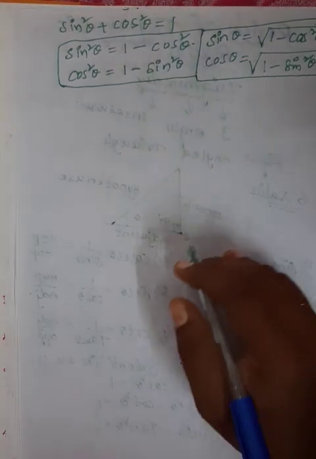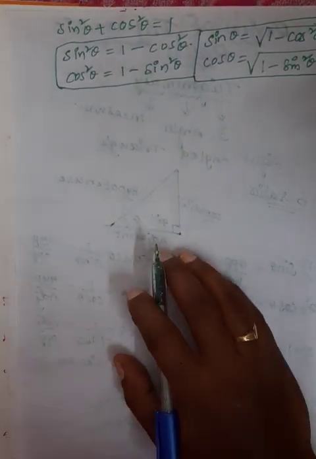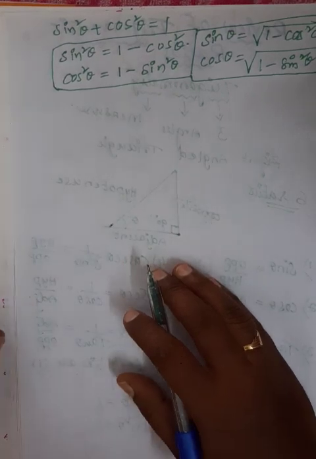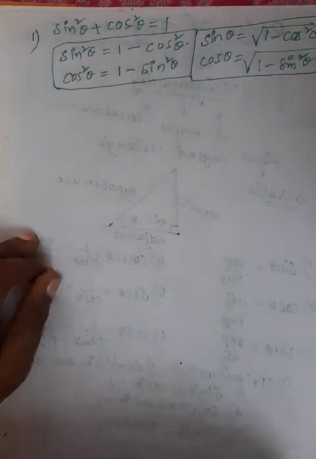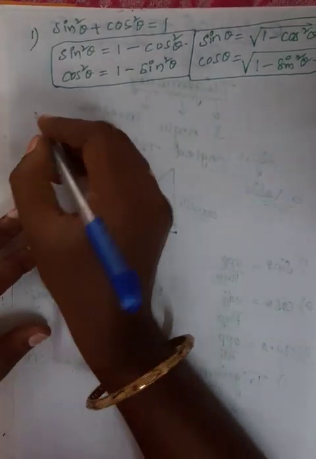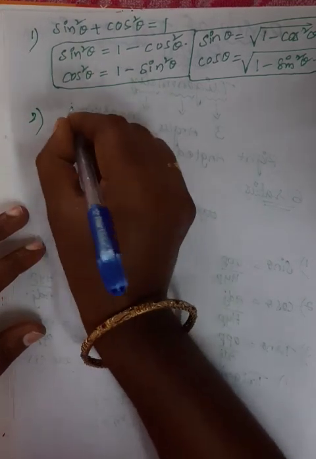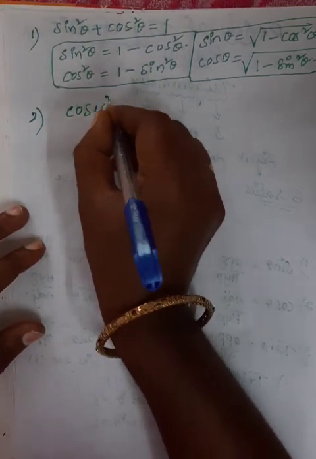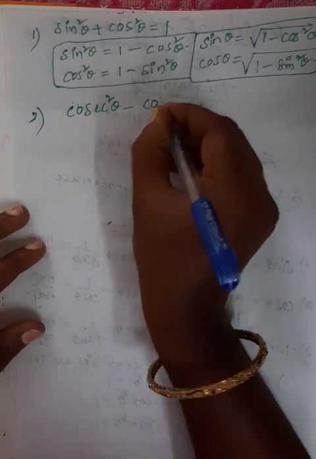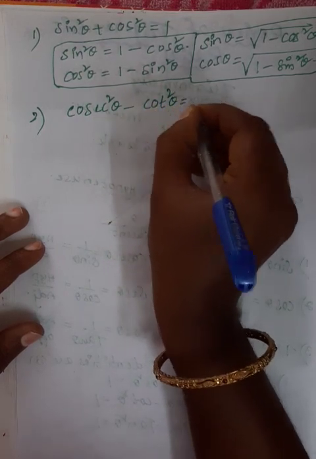Now consider the second trigonometric identity. Cosec square theta minus cot square theta is equal to 1.